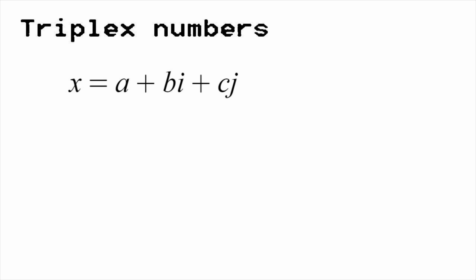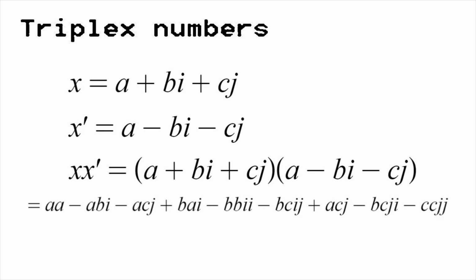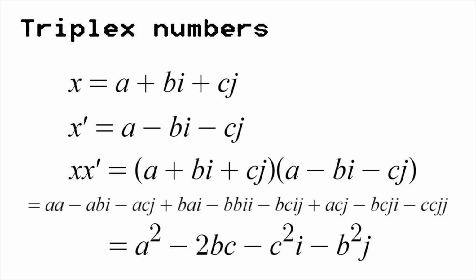Let x equal a plus bi plus cj. By the pattern, we will assume that x prime equals a minus bi minus cj. If the pattern holds, then multiplying these two together shouldn't leave any stray i's or j's, since the output of an n function is always a real number. So expanding their product gives this, which equals this. This has not worked.